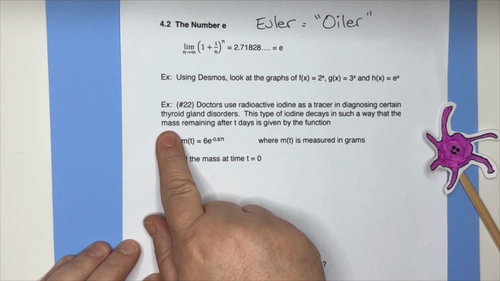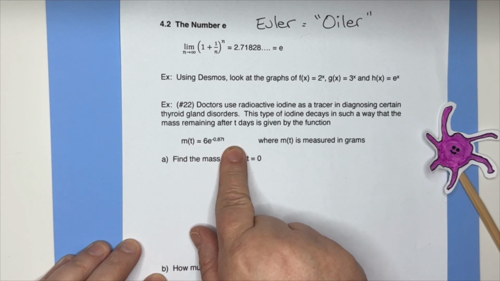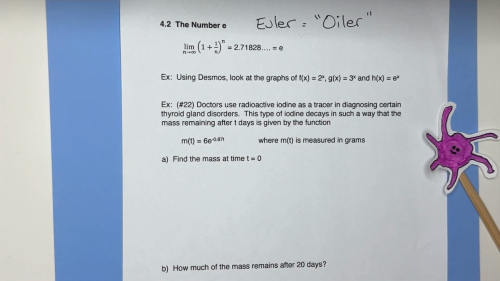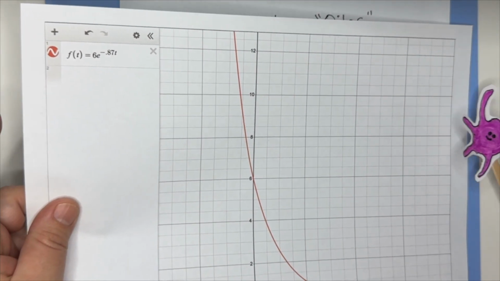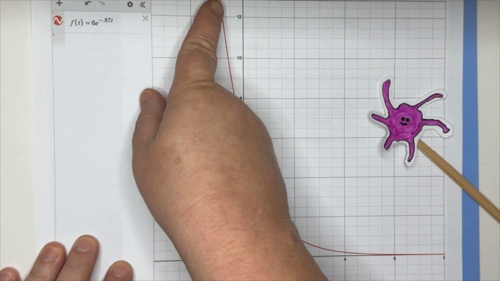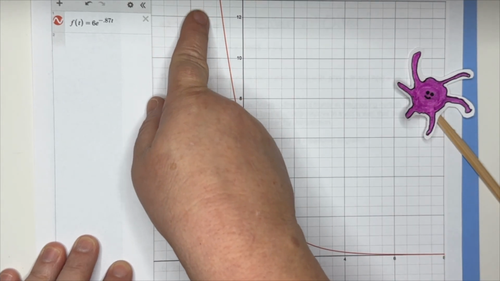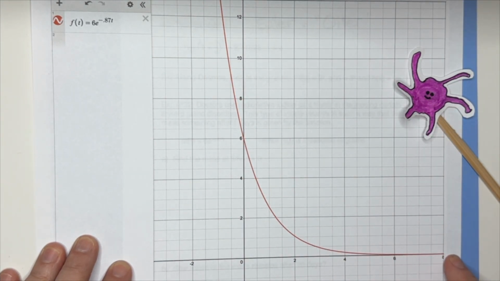We're measuring the mass of what remains after T days as this. And so I went ahead and, using Desmos again, I drew the graph. Pardon me, Barry. There's Barry, very excited. Radioactive decay, rather than starting low and going up high, it starts up high and it heads down low because it's shrinking.